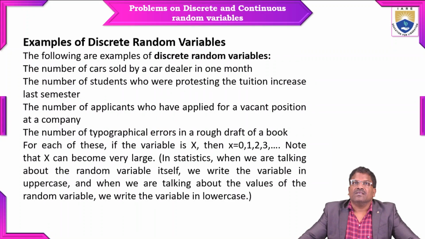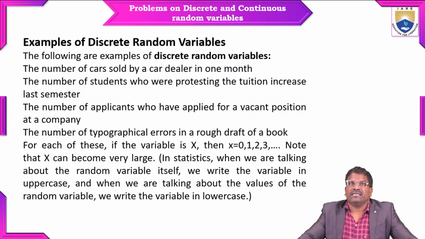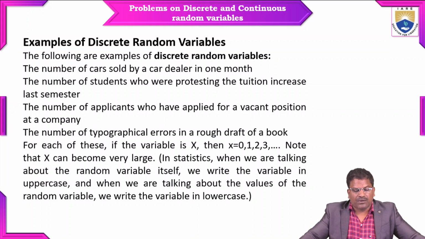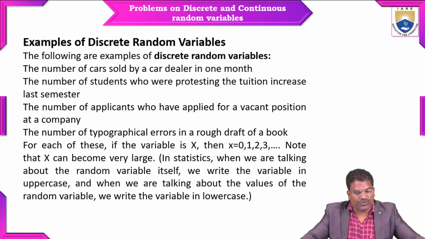Now, let us see some more examples of discrete random variables. The number of cars sold by a car dealer in one month, the number of students who were protesting the tuition increase last semester, the number of applicants who have applied for a vacant position at a company, the number of typographical errors in a rough draft of a book.